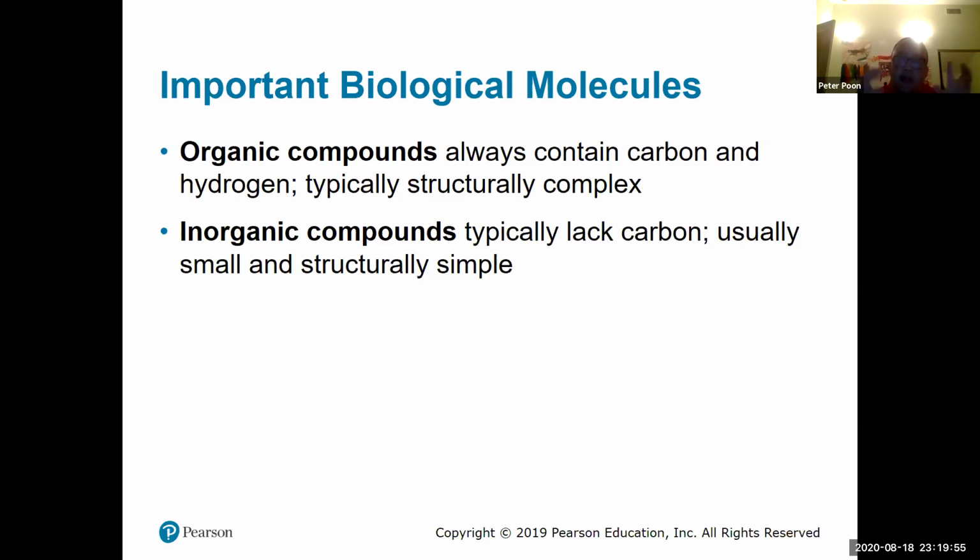Okay, so you can build huge structures with that. Organic chemistry is always the chemistry of carbon. Inorganic compounds usually lack carbon, and therefore they're usually small and rather simple.